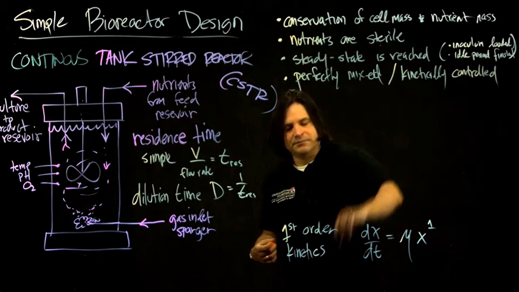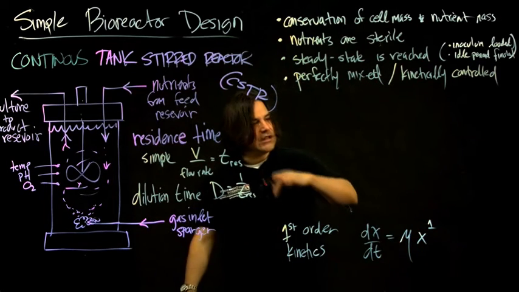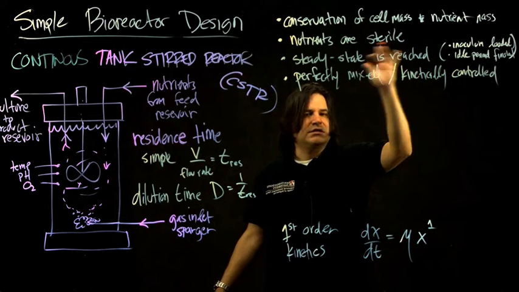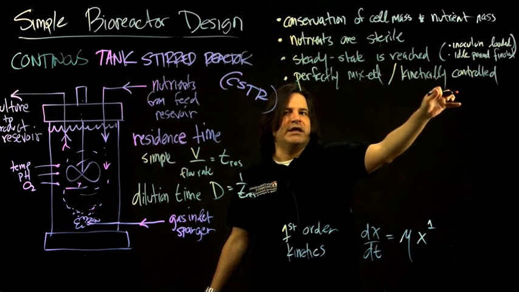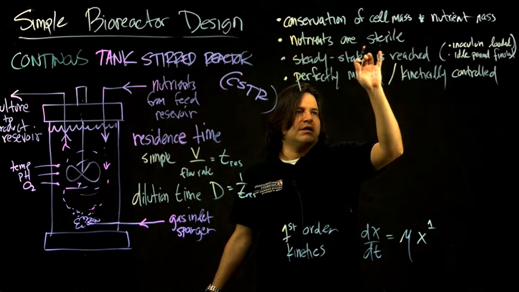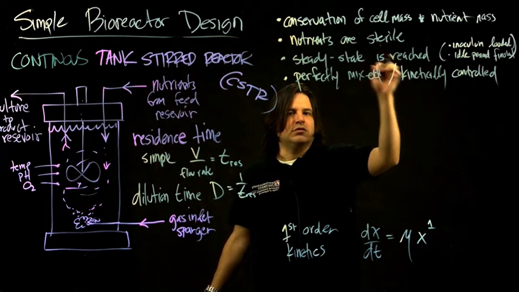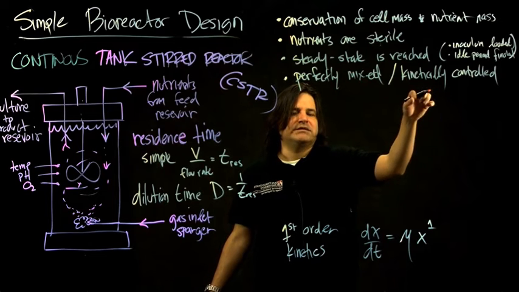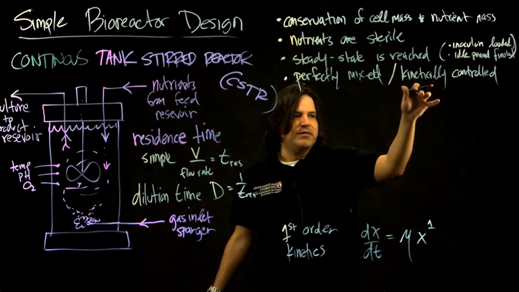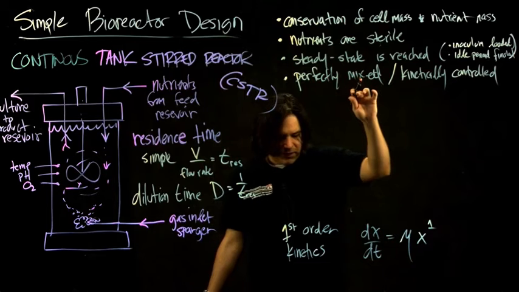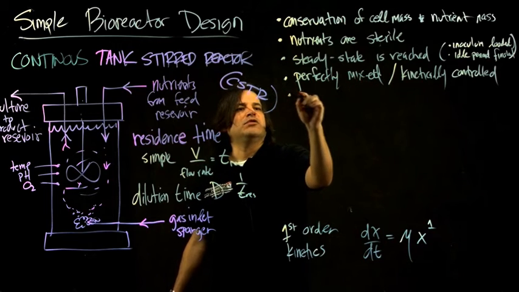It's determined by the reaction. Kinetically controlled means that the kinetics determine what's happening. Mixing controlled or transport controlled means that the mixing determines what happens. Okay?